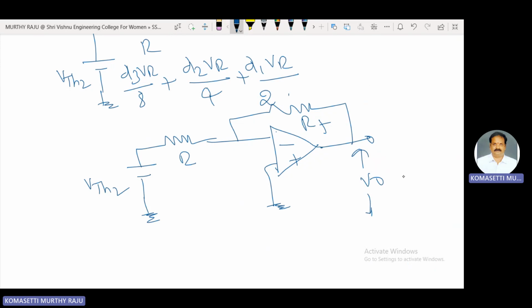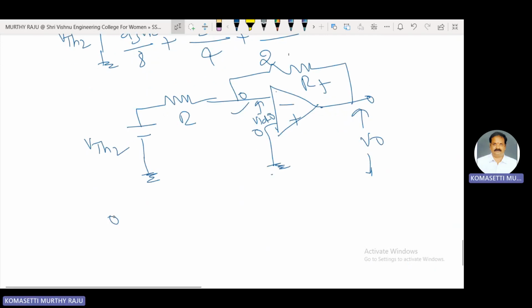Output voltage is V0. Here it is an inverting configuration. The non-inverting terminal of the op amp is connected to ground. Here VID is equal to 0. That means here 0 volts, here 0. Apply nodal analysis at this point. 0 node voltage here, 0 into what are the resistances connected to this 0 node?